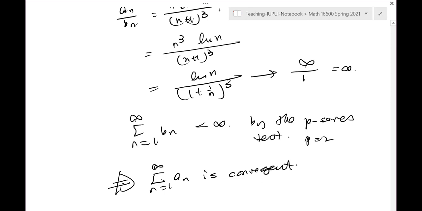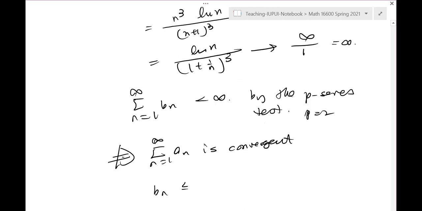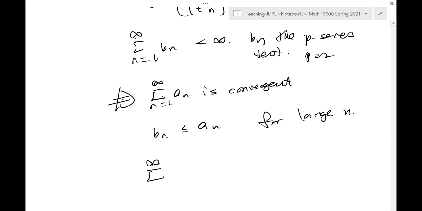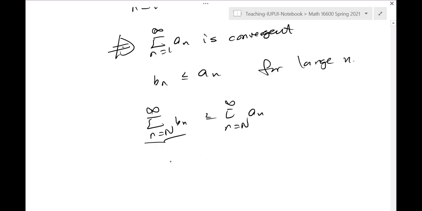The reason is this limit must be finite. Now, actually, what you got here is that an is less than or equal to Bn for large n. So the term on the left-hand side being finite does not imply the term on the right side is finite.